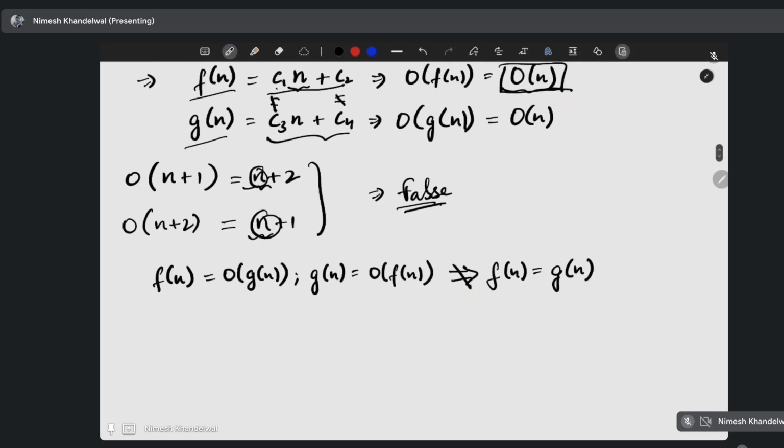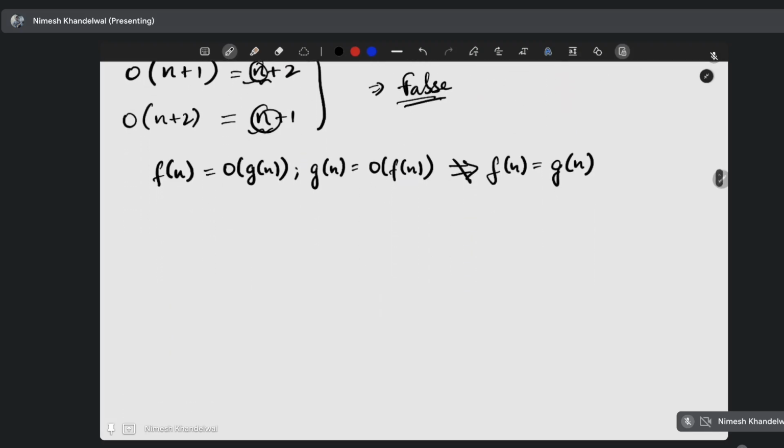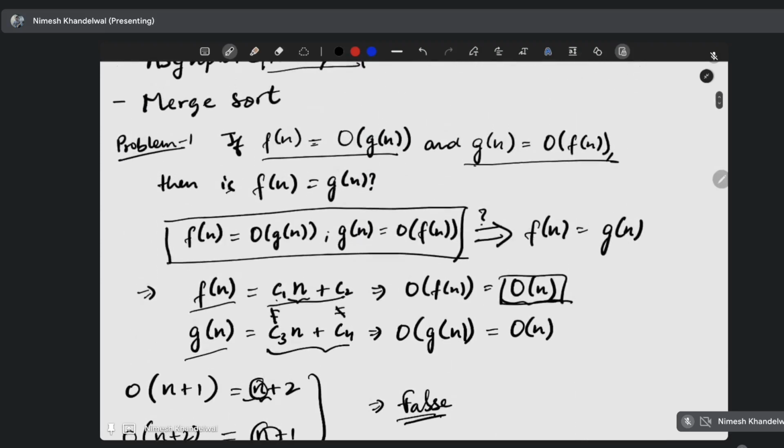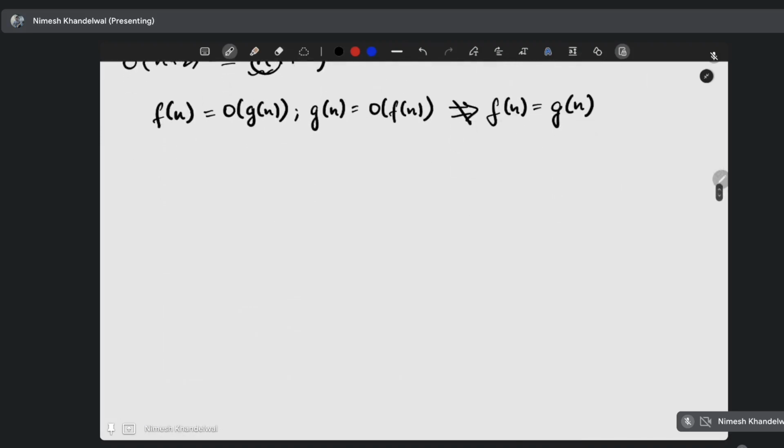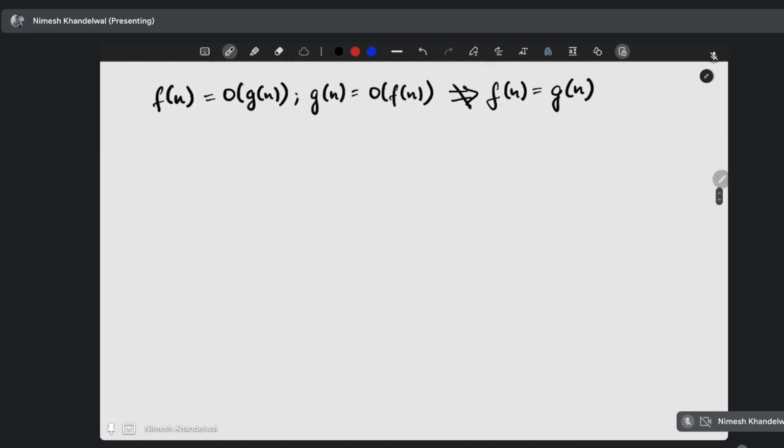So this is a basic question about complexities of general functions and how the complexities can be the same even if the actual representation of the function is different.